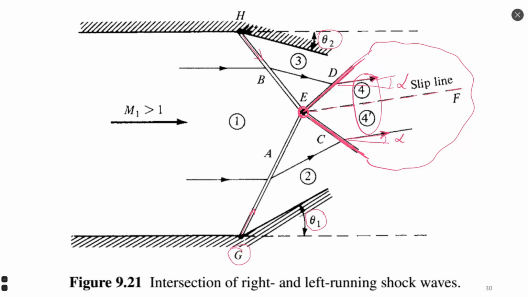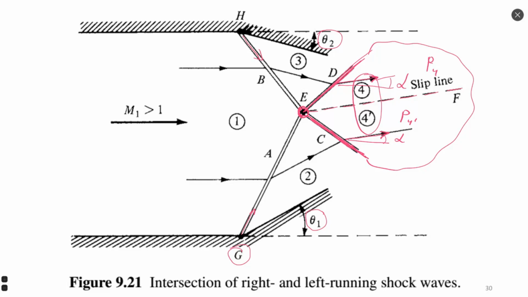And second, the consequence of the first statement, that alpha is the same, is that since there is no change of direction between 4 and 4 prime, there is no pressure gradient which would cause this change of direction. So pressure 4 prime is equal to pressure 4.